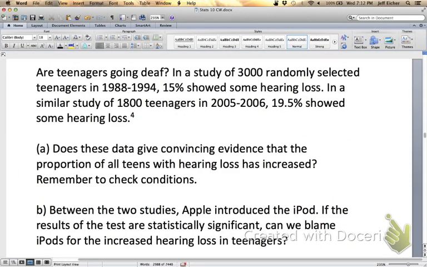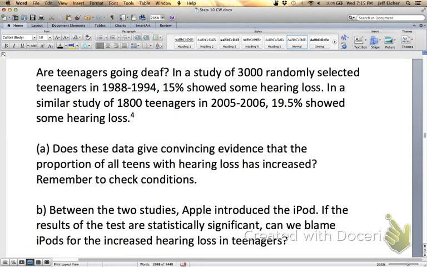So let's go through the whole process for this question. Pause the video and read this. It should look very familiar to you. So you should already have hypotheses written for this example. You should know how to check conditions from your work with confidence intervals yesterday, but if you'd like, pause this video to check conditions.